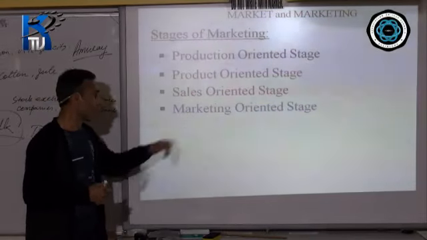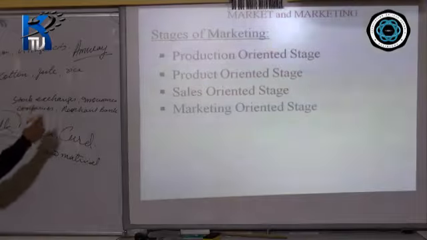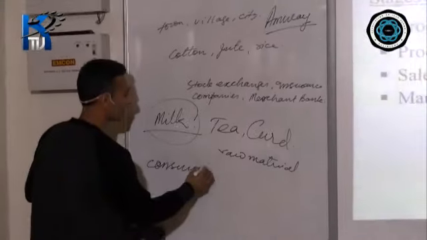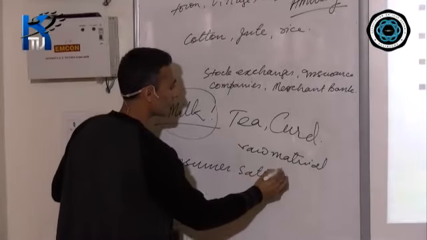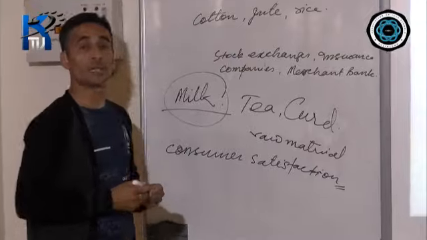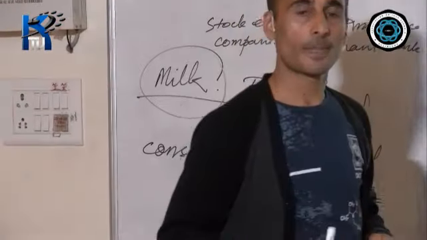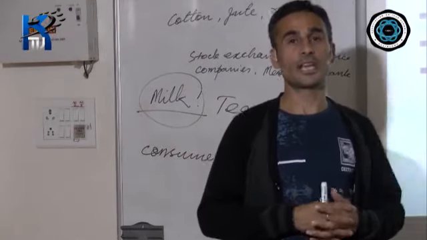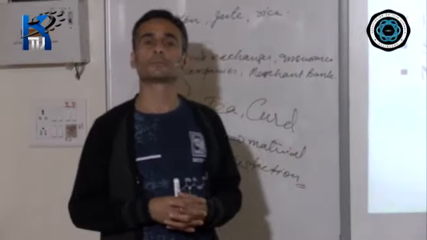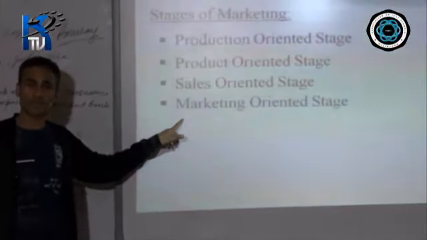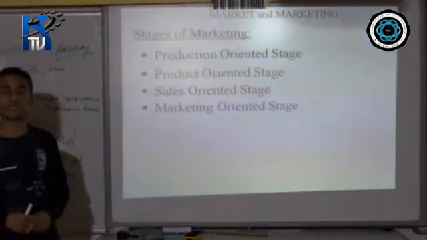So the objective of this marketing-oriented stage is providing consumer satisfaction by manufacturing the products as per the likes and wants of the consumer. So the main goal was to earn profit through consumer satisfaction.